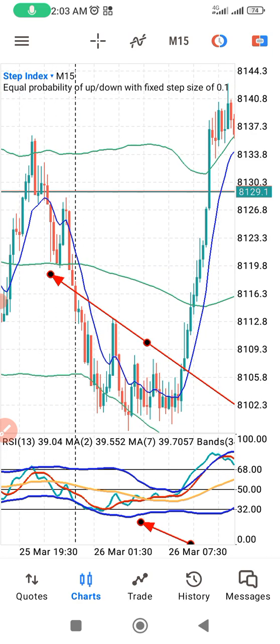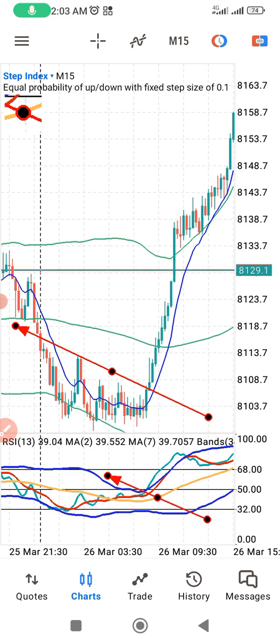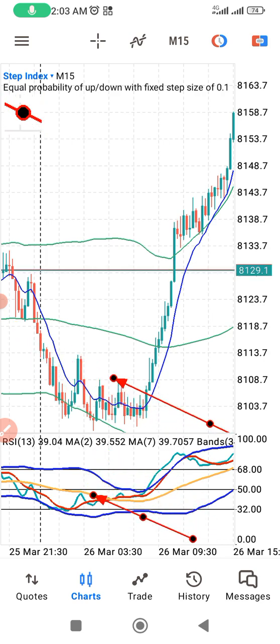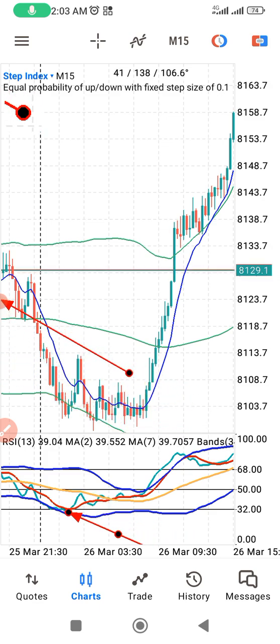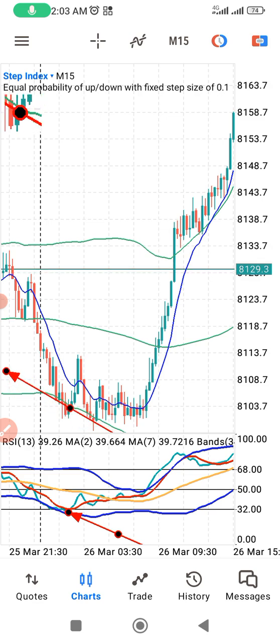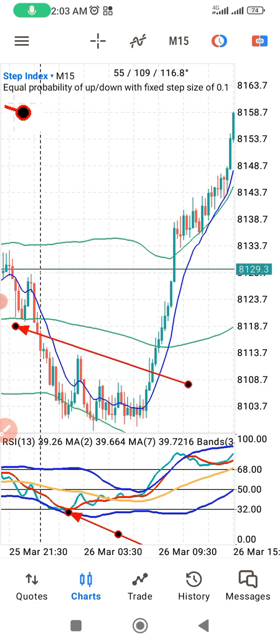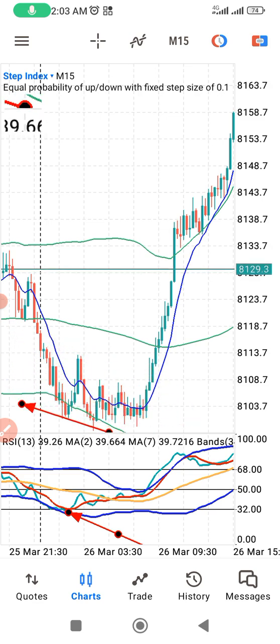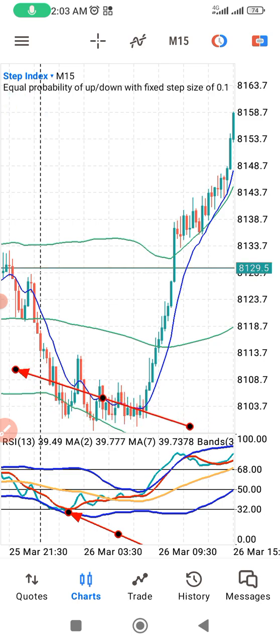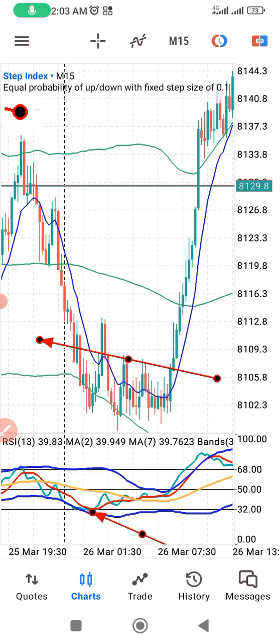Also, looking at this critically, one of the things that contribute to the breakout of this price is divergence. You will agree with me that the price is making a lower low, lower high in this region.